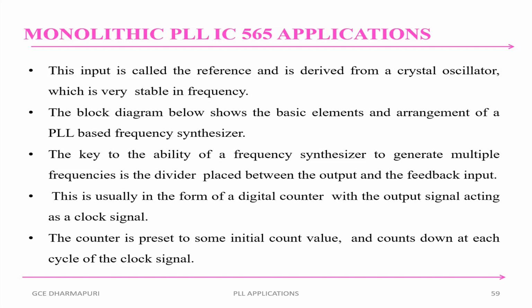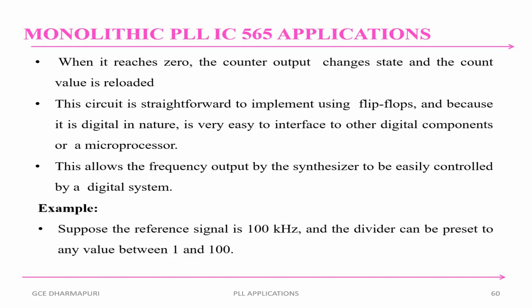The key to the ability of the frequency synthesizer to generate multiple frequencies is the divider placed between the output and the feedback input. This is usually in the form of a digital counter with the output signal acting as a clock signal. The counter is preset to some initial count value and counts down at each cycle of the clock signal.